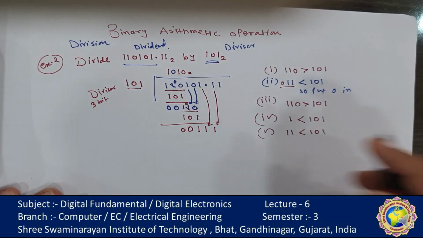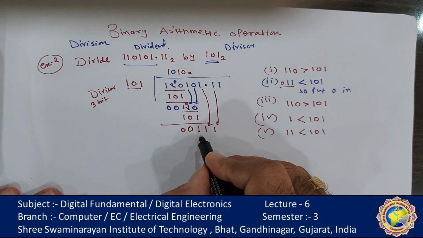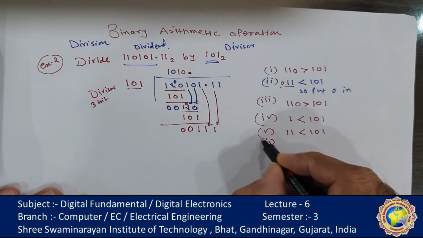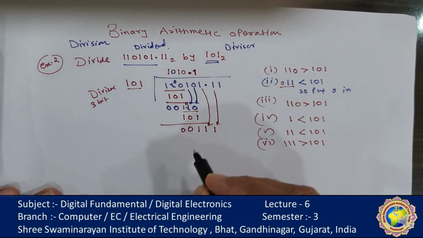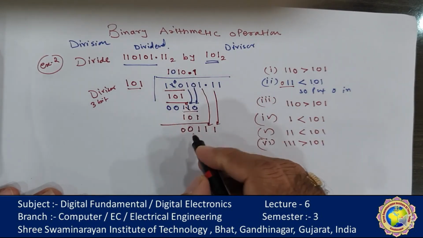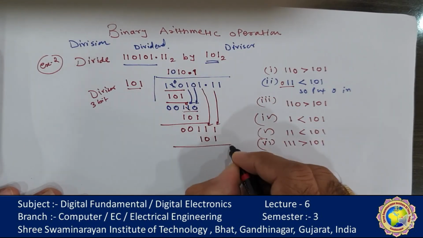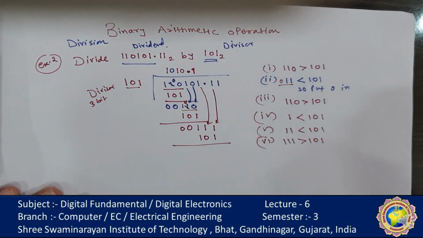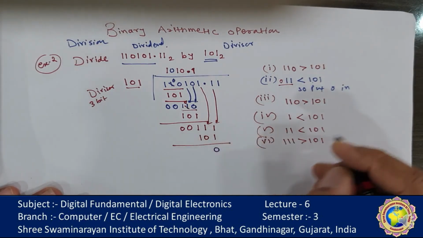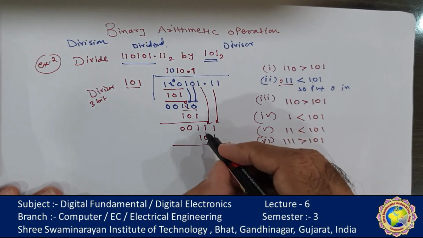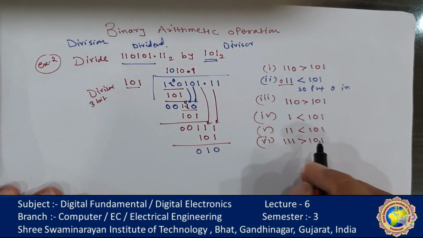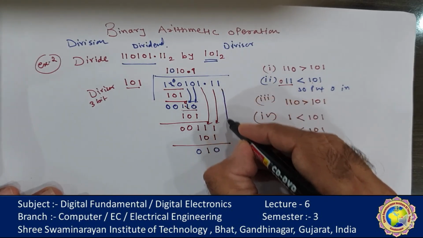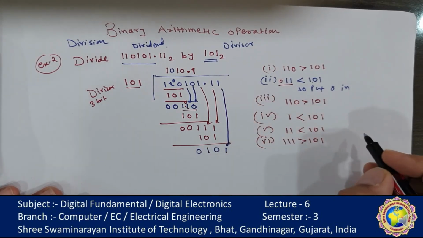Okay. Now after the fraction point 111, and it is greater than 101. So we have to multiply by 1, 101. So 1 minus 1 is 0, 1 minus 0 is 1, and 1 minus 1 is 0. We take one more bit from the dividend.